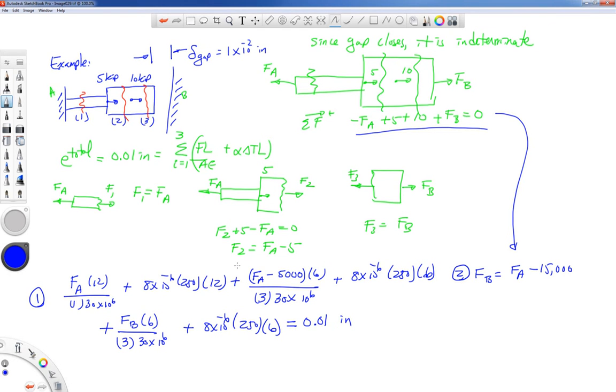At this point, what you would do then is you would solve for those forces FA and FB, which allows you to determine F1, F2, and F3.